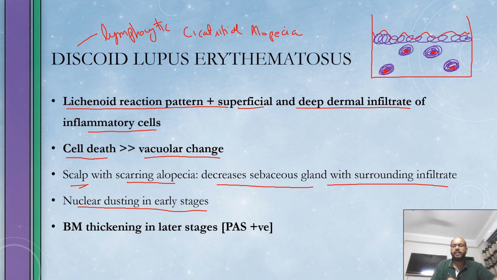This is nothing but remnants of neutrophils. Okay, basement membrane thickening in later stages. In later stages, the basement membrane is thickened and you use periodic acid Schiff, PAS. The PAS is essentially used to stain the basement membrane and you can easily appreciate the thickened basement membrane and that is known as PAS positive basement membrane thickening.